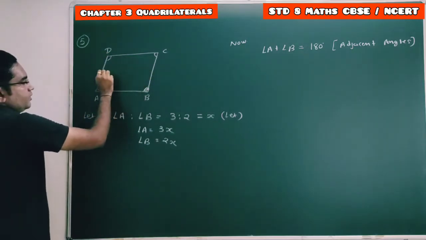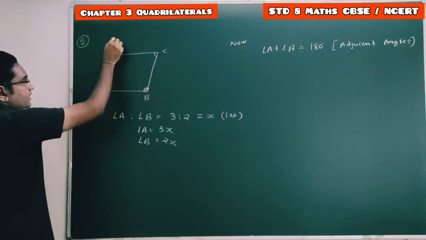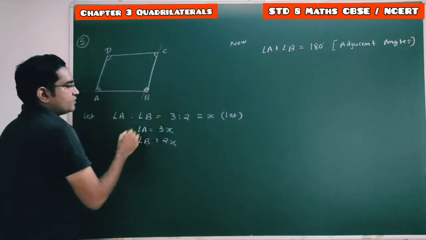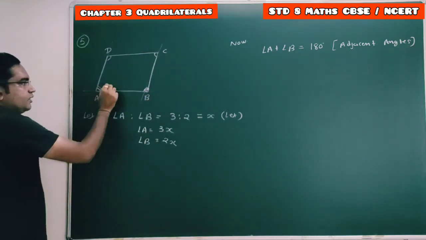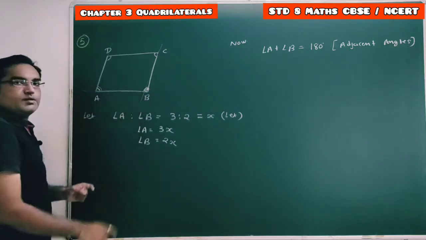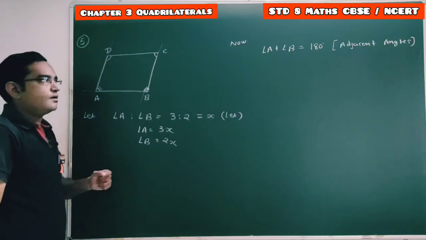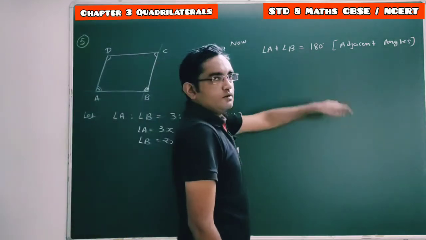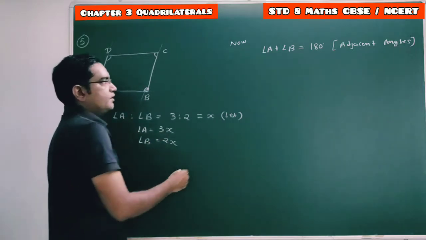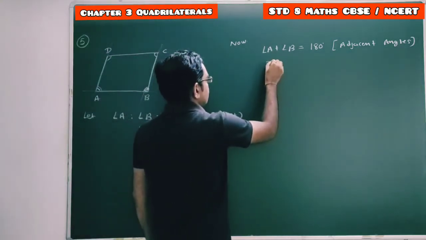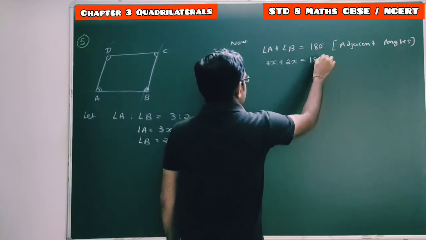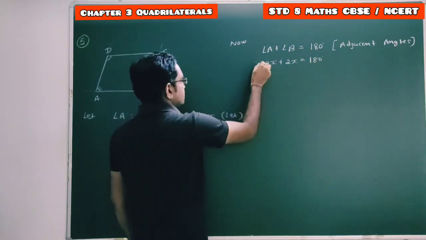Here both pairs of opposite sides are parallel, so these two sides are parallel. So can we say AB is the transversal, and these two angles are interior angles on the same side of the transversal. Interior angles on the same side of the transversal are always supplementary, hence the sum of their measures is 180 degrees. Now what is angle A? Angle A is 3x, angle B is 2x, equal to 180 degrees.